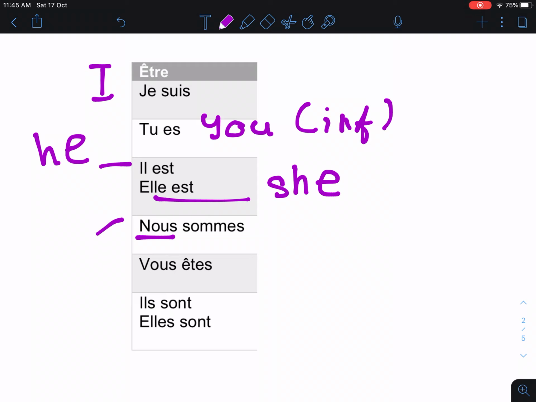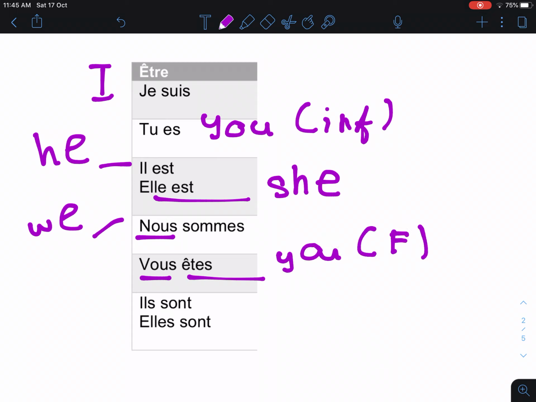Nous here means we, vous here means you, but in a formal situation, and it can also mean you all in plural form. Okay, so vous here has two meanings. The first one is you, as in singular, you and I. You are talking to a lecturer, and you all, like all of you, in plural form.